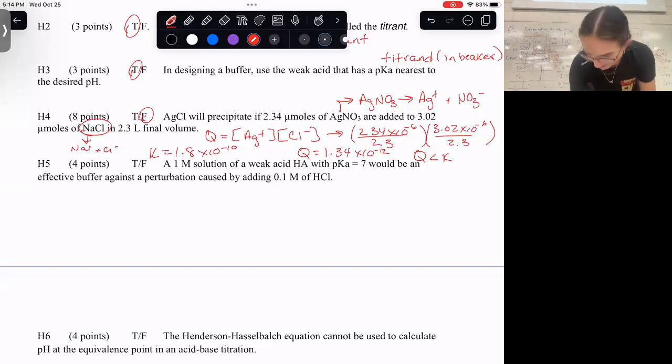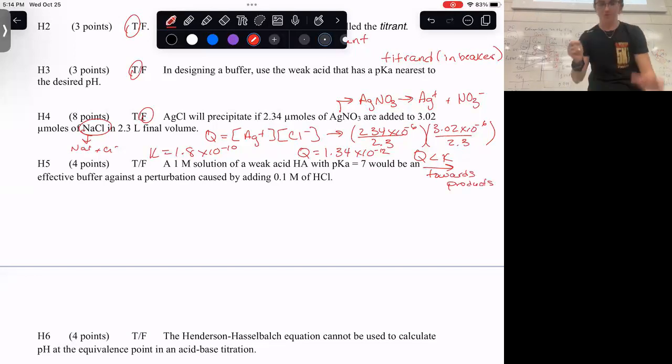We go towards products. Okay, so nothing will precipitate because we need more things in solution. So your solid will actually just stay dissolved. So you can add more to the solution.